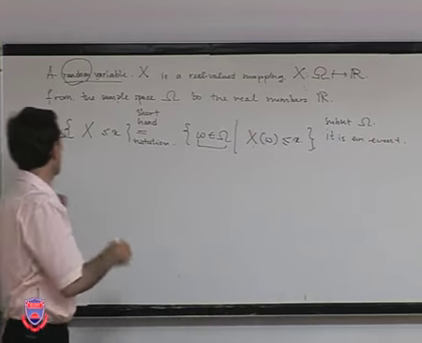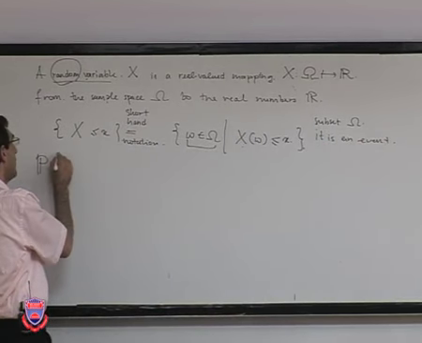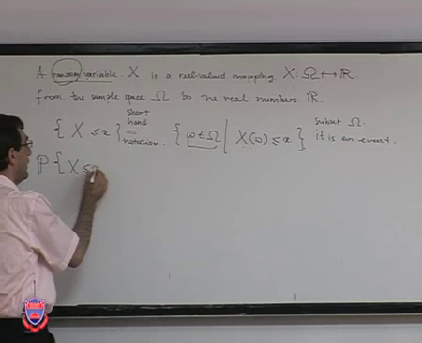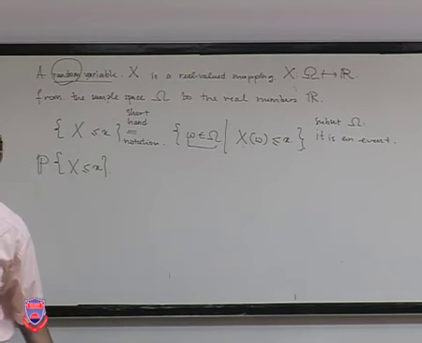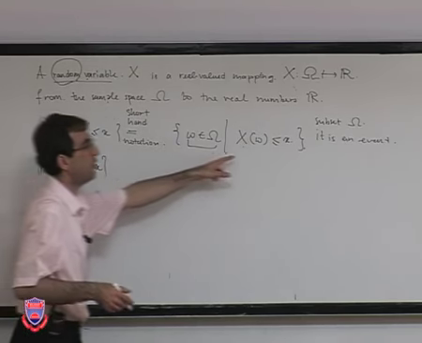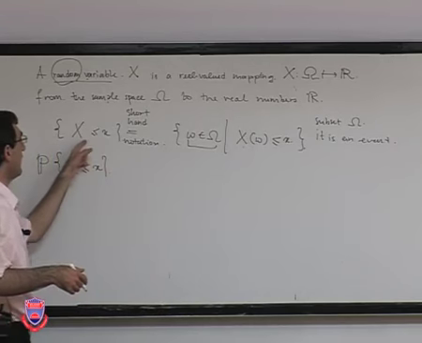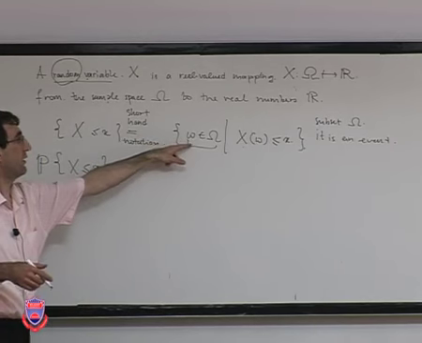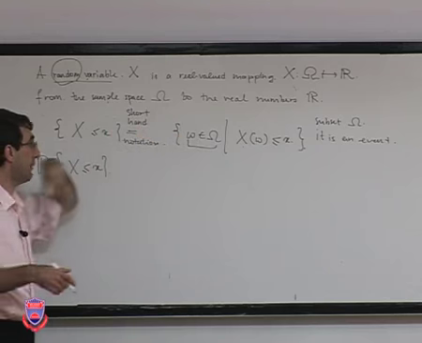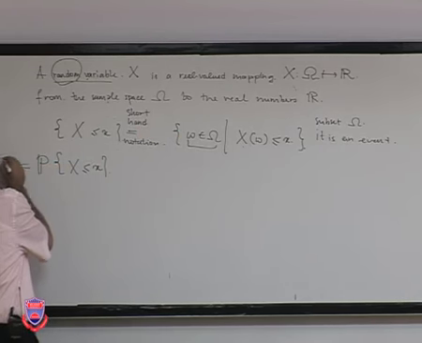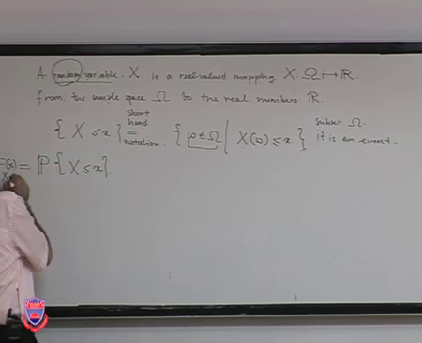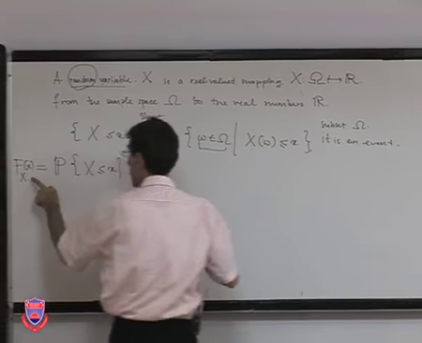Therefore, you have every right to talk about its probability. What is the likelihood that the random variable is less than or equal to 4.6? You can do that. Since we are lazy, we don't usually write like this, we just write like this, but you always remember that this means that. And this has a name. I guess your textbook uses this notation.